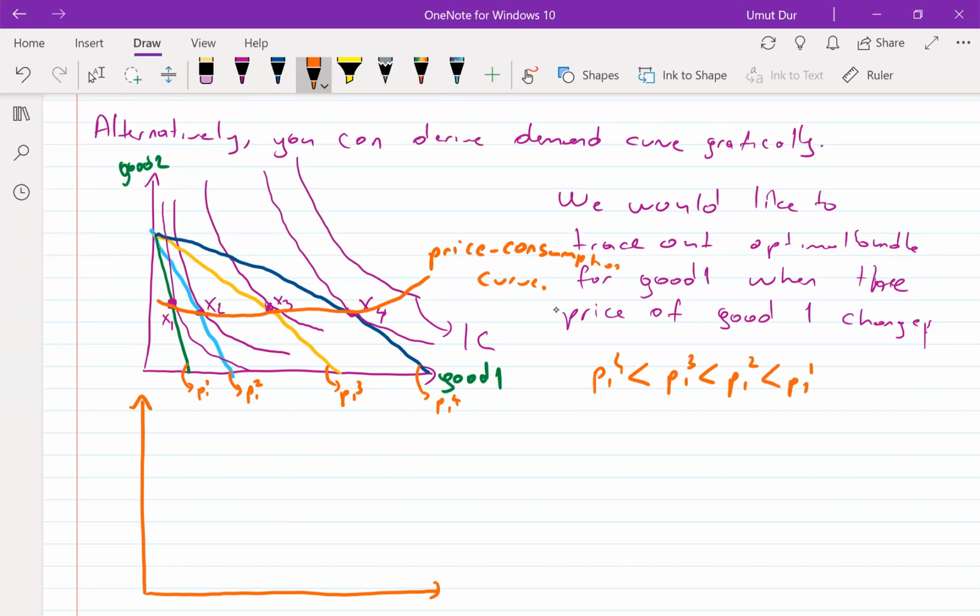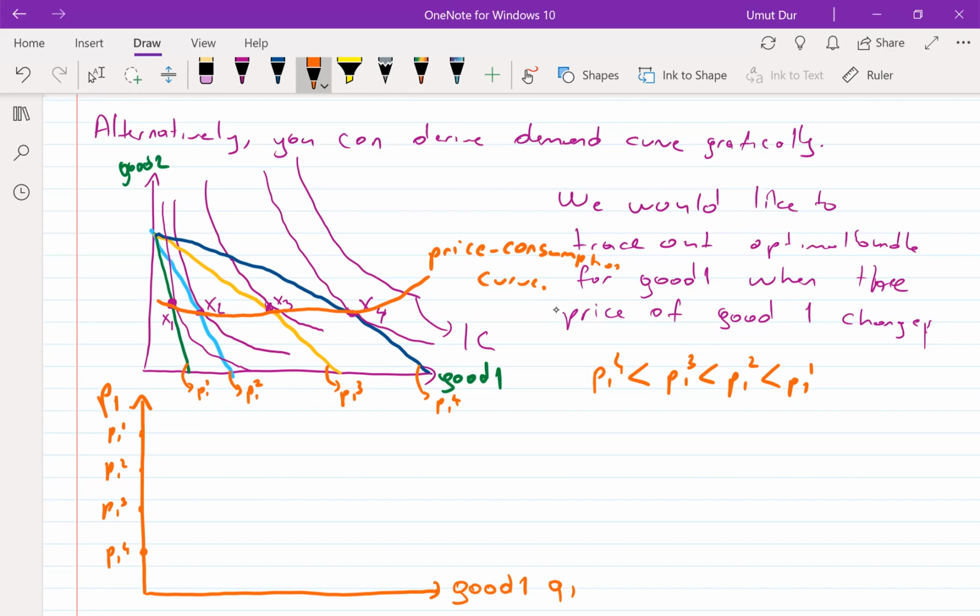So by using this optimization graph, I would like to draw this is Q1, the relation between the price of good 1 and the demand for good one. I'm just pointing the corresponding prices that I have talked about here. This is P14, this is P13, this is P12, and this is P11.